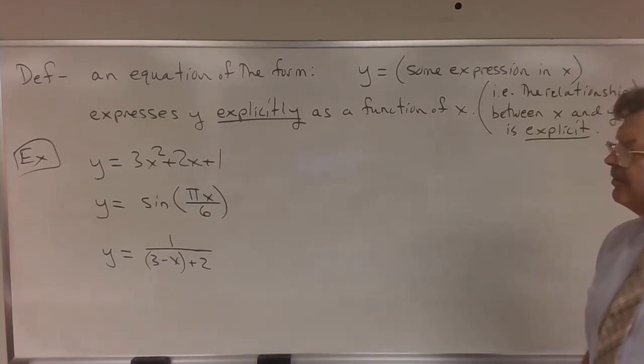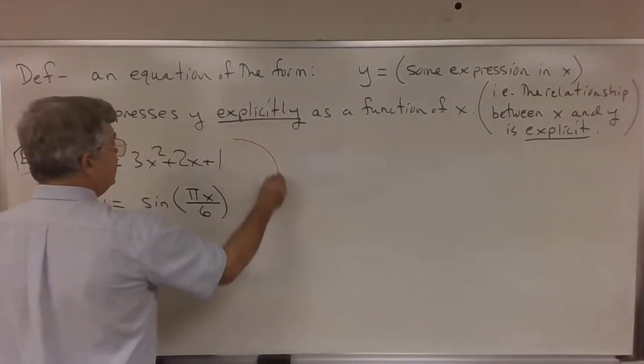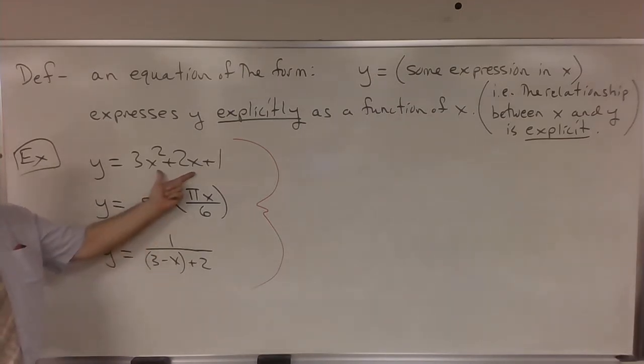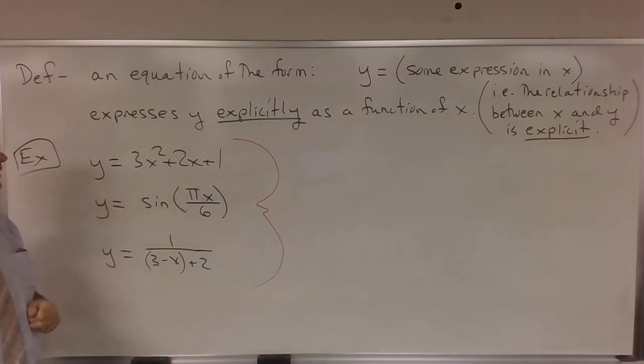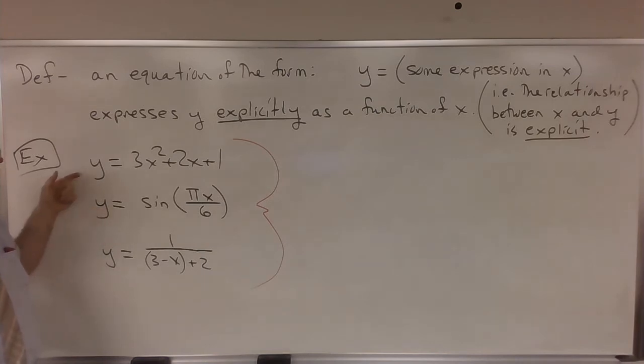As examples, let's look at these three equations. They're all of the form y equals some expression in terms of x. And the relationship is explicit. For example, when x is 0, y is 1. When x is 1, y is what, 6? And so on and so forth.